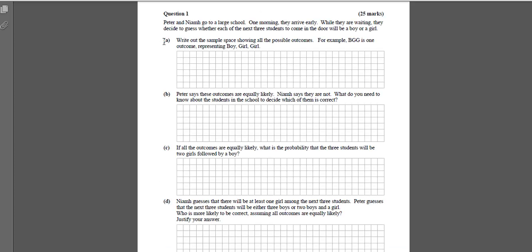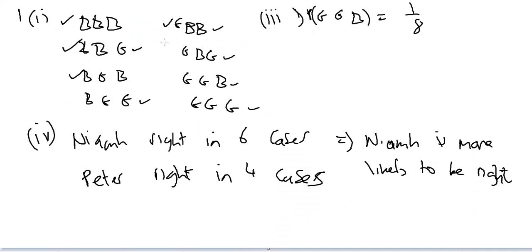So she would also be right here, because there is a girl. She would only be wrong if 3 boys came. So she'd be right in 7 cases. So I was right to say that Neve is more likely to be right, but I'd actually miscounted and not noticed that she would be correct in this case as well.